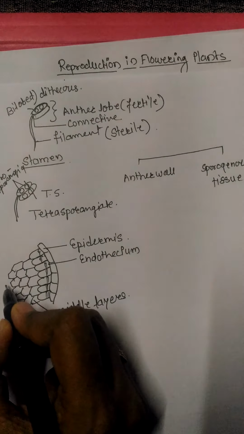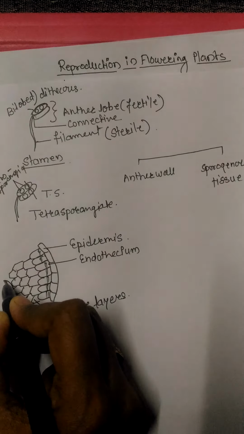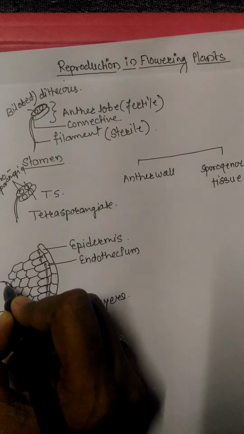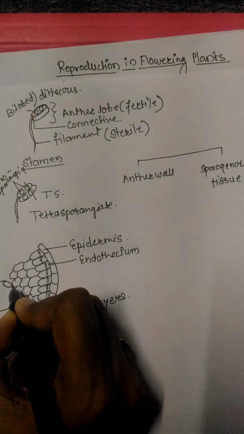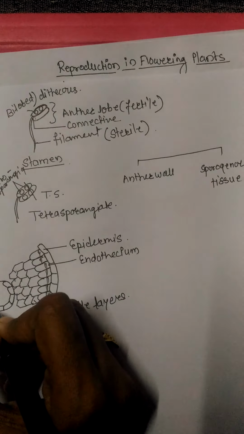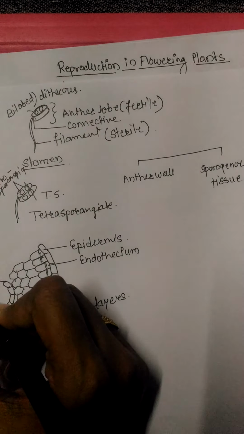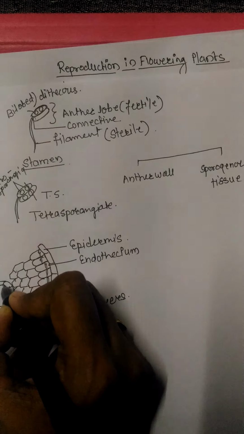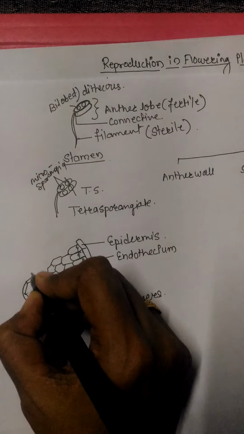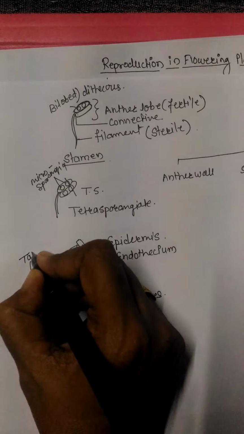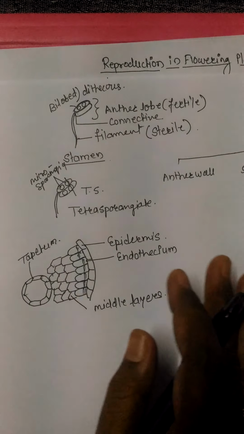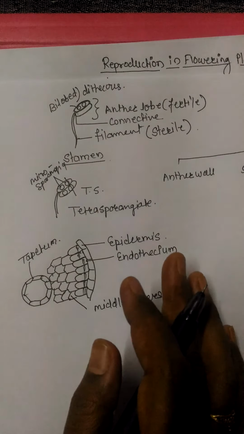Then below that layer, presence of a circular structure, and this circular structure is again covered with a single layered surrounding structure known as tapetum. These are the innermost layer of this anther.